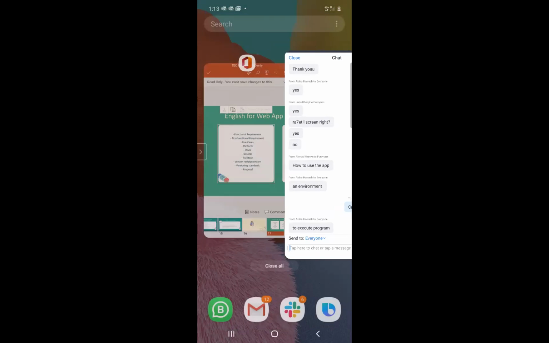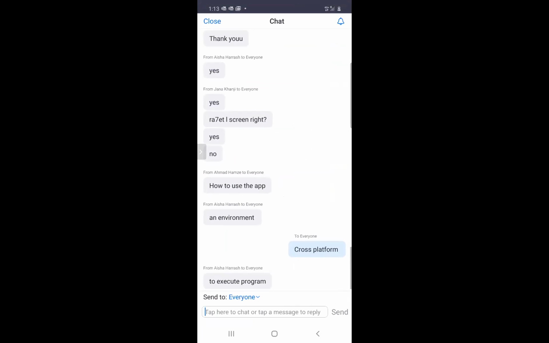So this is a web, for example, not only OS based, even web. So using either web or not, this is being cross platform.